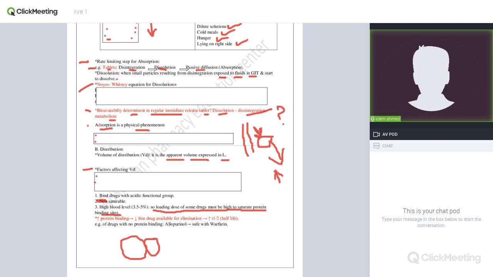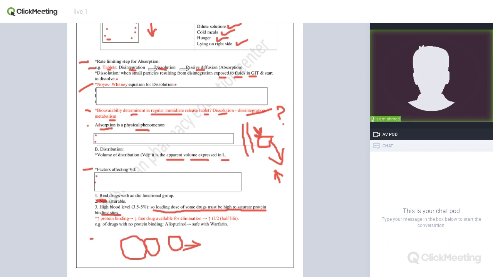So due to that, we have to saturate all the amount of albumin by binding with it. Then the free form of the drug that is not bound with the albumin will act as the medication, in the active form.